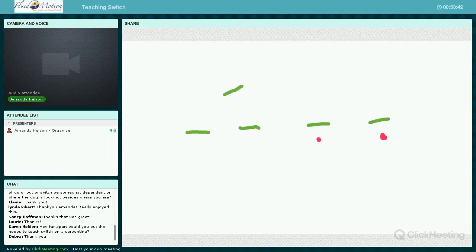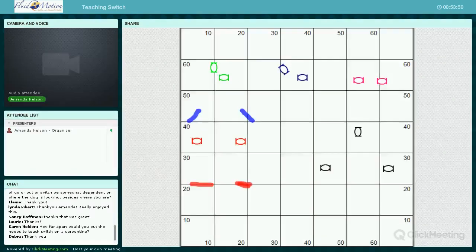How far apart would you put the hoops to teach a switch on a serpentine? So I start with them really close, like touching. The 2 hoops are touching, just like this diagram. Like these pink ones here, but I would make them touch. If you're working on this 180, you can bring them together and make them touch, and then you take one of your hoops or both, however you want to do it, and you slowly start to space them out.